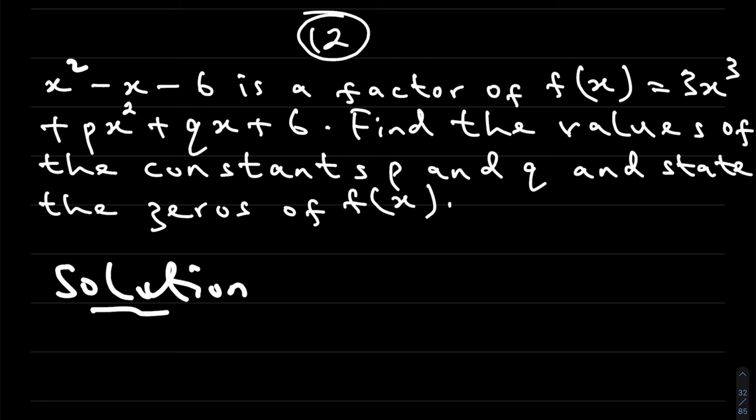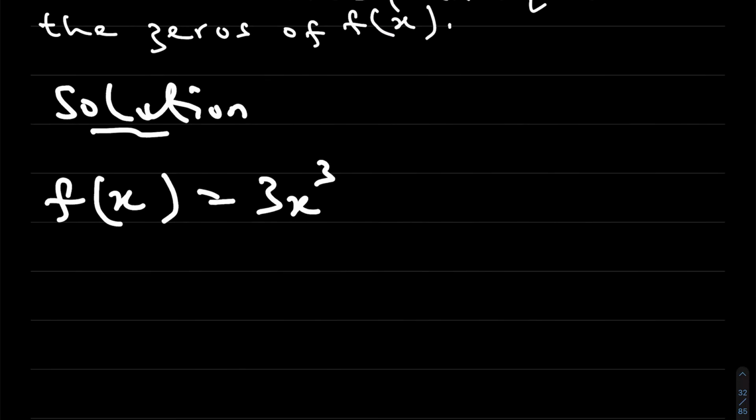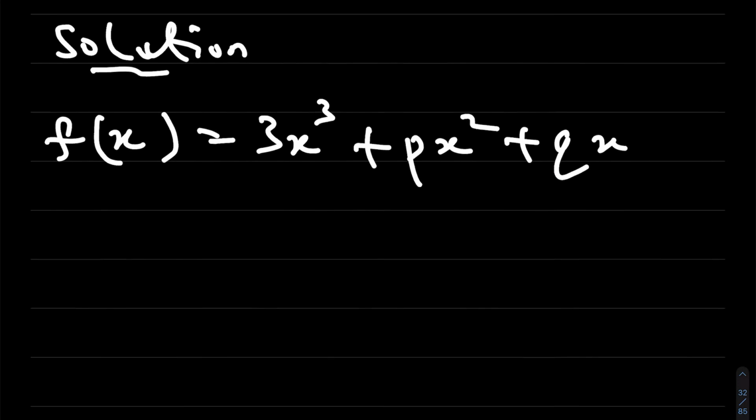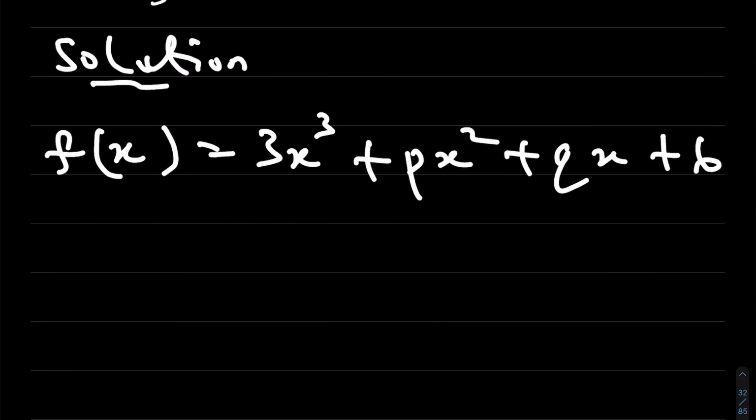Find the values of the constants p and q and state the zeros of f of x. Okay, f of x is equal to 3x cubed plus px squared plus qx plus 6. And x squared minus x minus 6 is a factor of f of x.